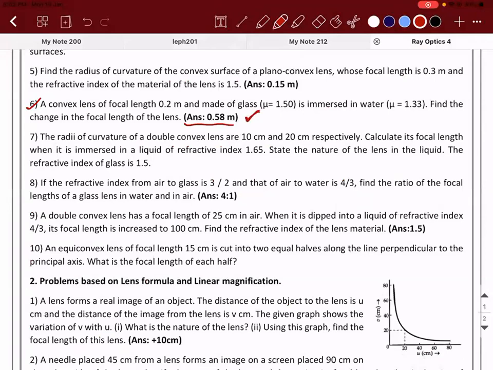So one last problem for the day. Make it fast. If the refractive index from air to glass is 3 by 2 and that of air to water is 4 by 3, find the ratio of the focal length of glass lens in water and in air.